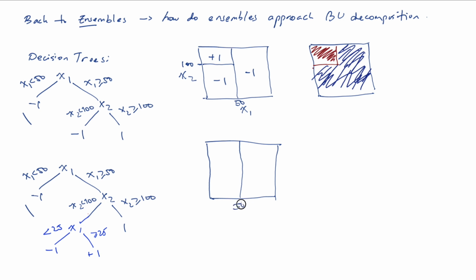The second split splits at 100. But this third split looks at if x2 is less than 100, then we look at x1 being bigger than or less than 25, so we split again at 25 at this point here.